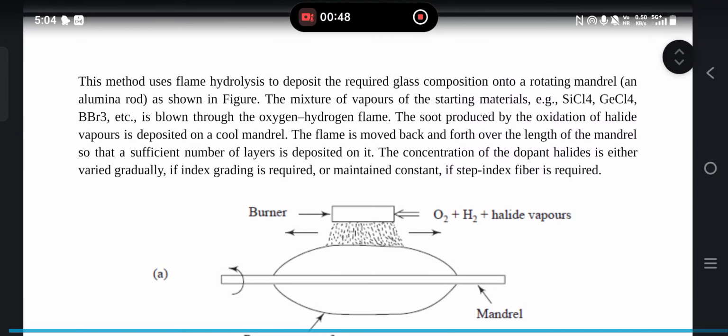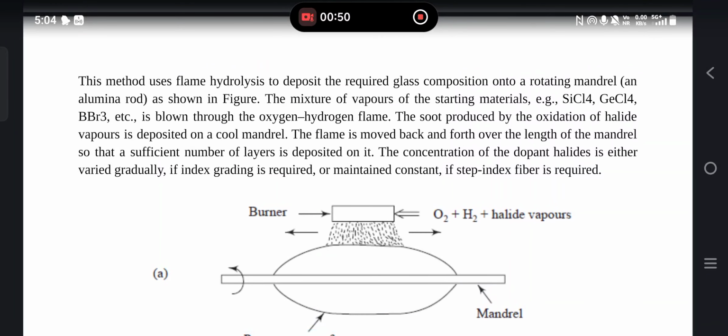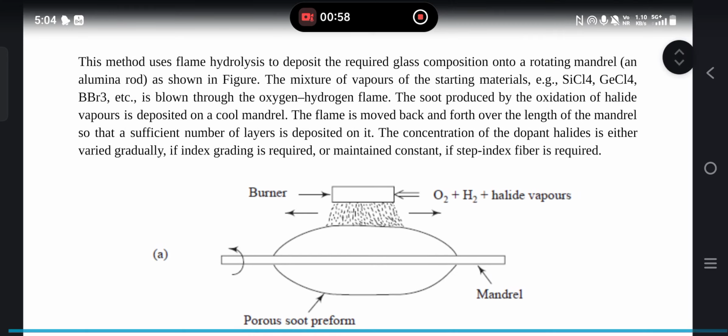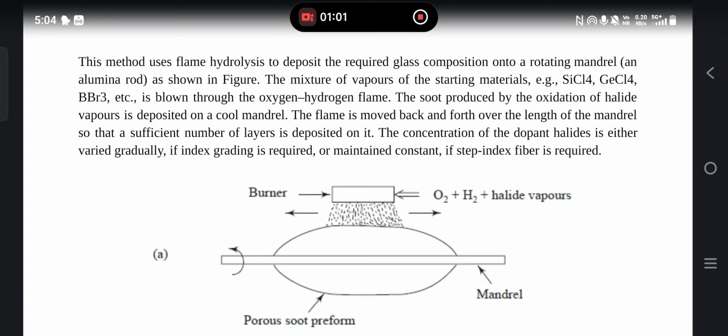This method uses flame hydrolysis to deposit the required glass composition onto a rotating mandrel. A mandrel is an alumina rod that keeps on rotating, so it is called a mandrel. On that rotating rod, what is done?